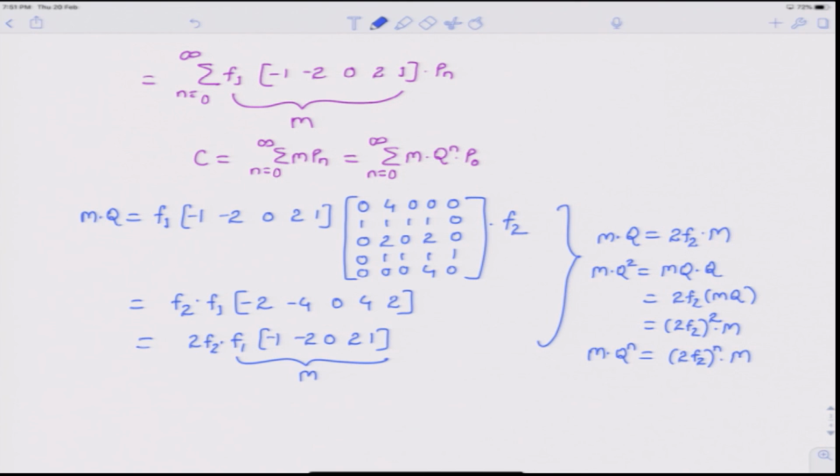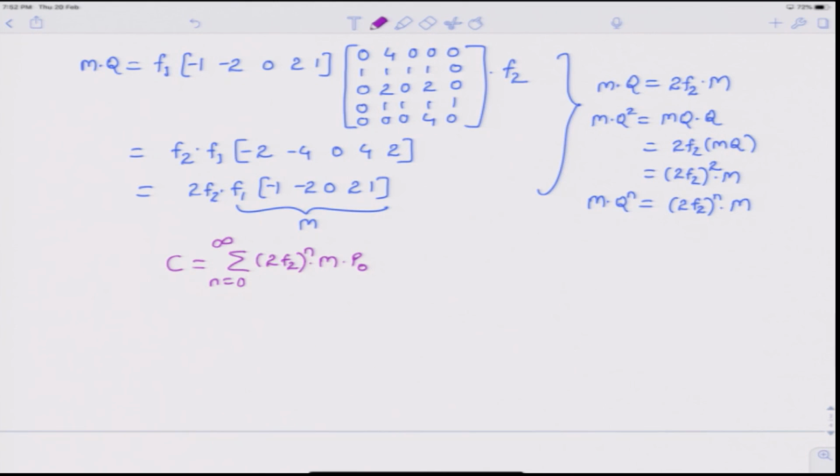And if we substitute back in the expression for C, we get C is equal to sigma n equal to 0 to infinity 2F2 to the power n times M times P0. Again, if we evaluate M times P0, that should be equal to F1 times minus 1, minus 2, 0, 2, 1, and P0 is nothing but 1 0 0 0 0.